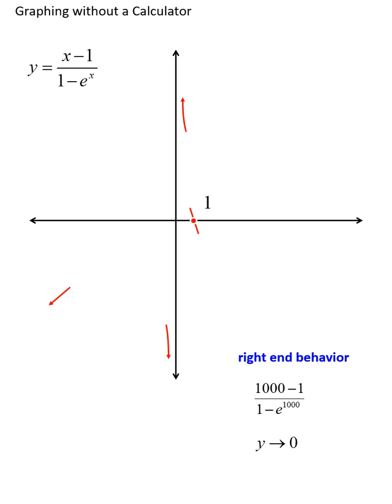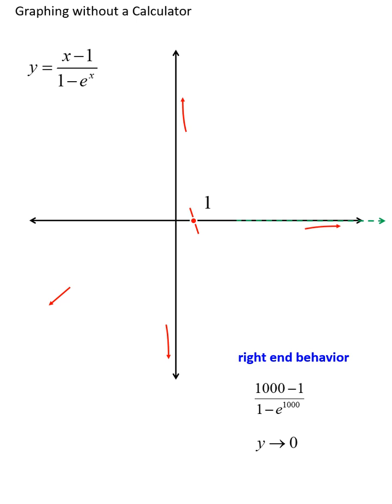So the bigger x gets, imagine that 1,000 were to change into a million. The denominator would become so huge compared to the numerator that we'd be doing a number divided by a number way larger than that. And when you divide a number by a gigantic number, you get something really close to 0. And therefore, my logic is that y must be approaching 0.